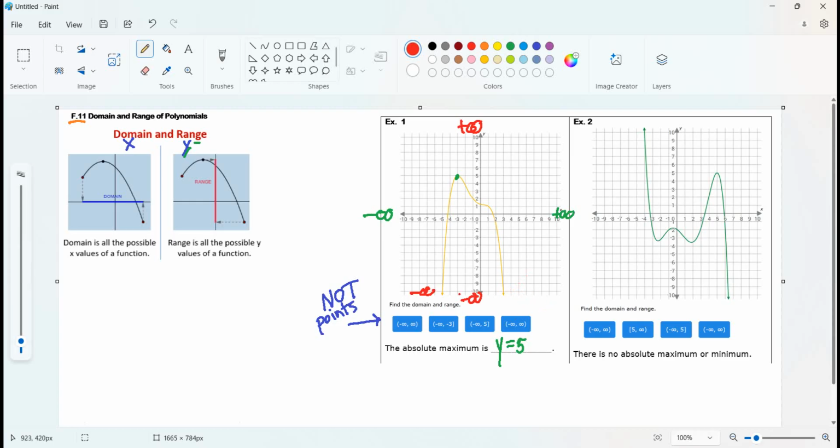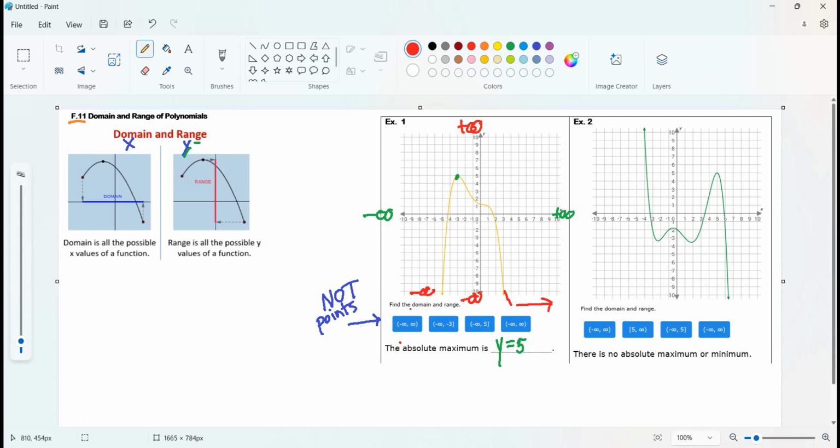So the domain is going to go from negative infinity. The farther that this goes out, it's going to continue heading in that direction towards positive infinity. As it's going on and on, these numbers are going up higher and higher.